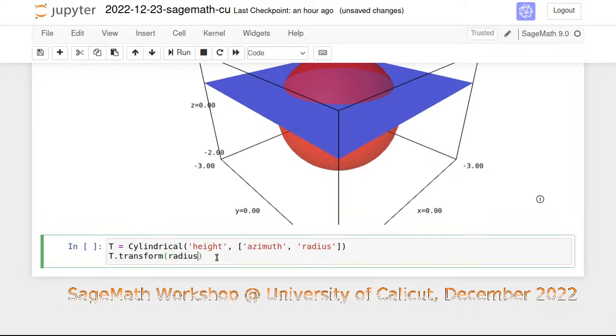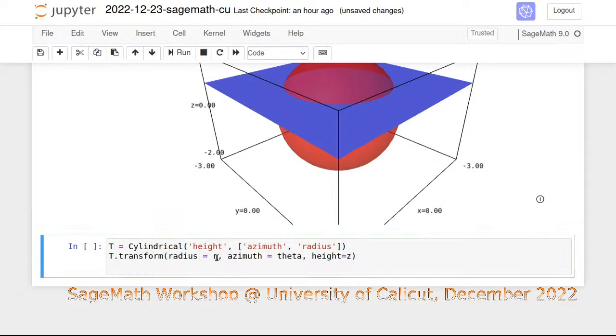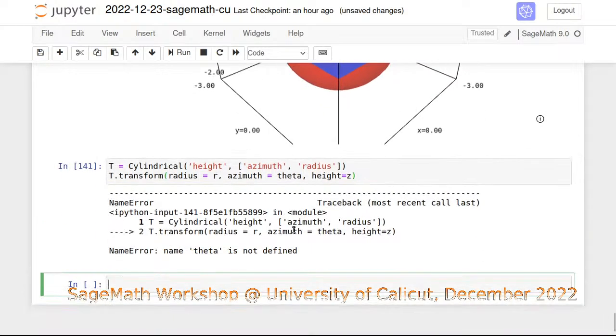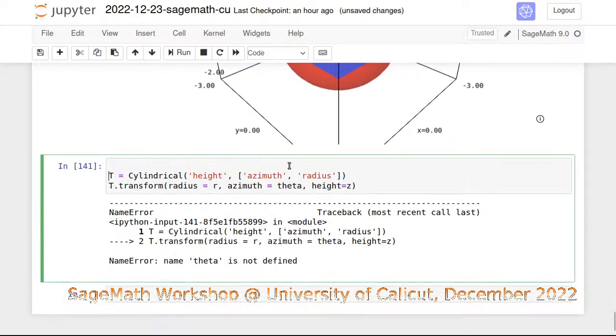Radius, now we are going to say that radius is all radius. We have already defined the keyword radius. Suppose by r we define the radius. Now suppose the angle we denote by the variable name theta. So we are defining the variable name and we are mapping it. Height we denote by using z. Okay. Now we are going to plot. So remember that. So we are going to transform, and if we ask for theta, then we need to define the theta. Sorry, I need to define all these variables. Variable r, theta, z.